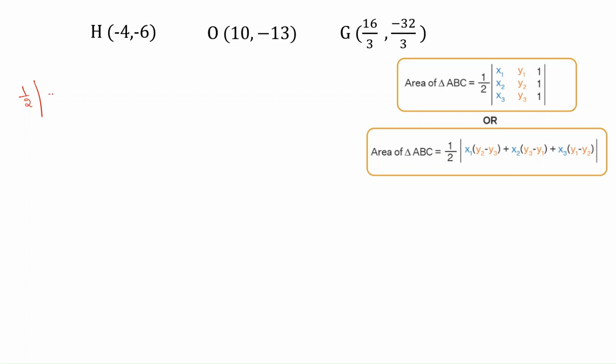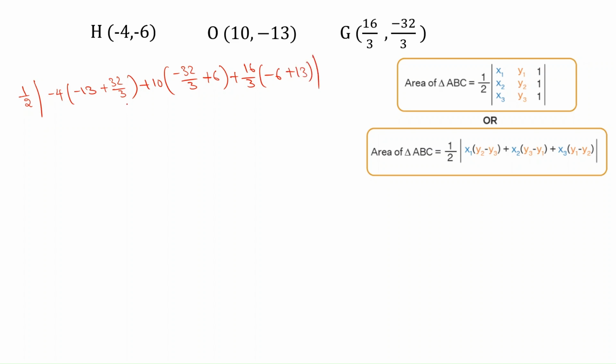In place of x1, we have minus 4. y2 is minus 13, minus y3, that is minus of minus is plus 32 upon 3, plus x2 is 10, y3 is minus 32 upon 3, minus y1, minus of minus is plus 6. Now we have x3 as 16 upon 3 here. y1 is minus 6, minus y2, minus of minus is plus 13.